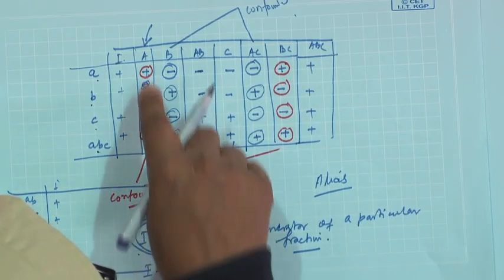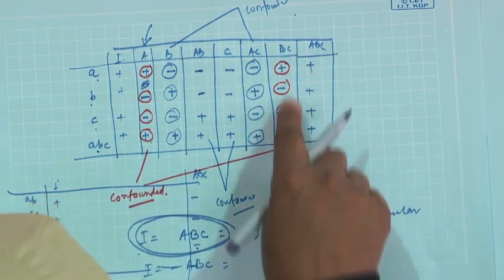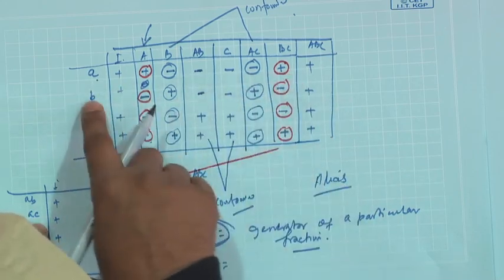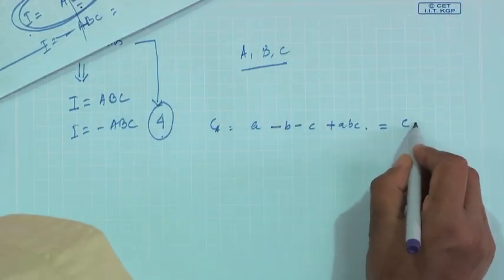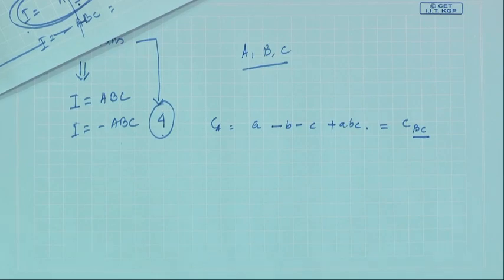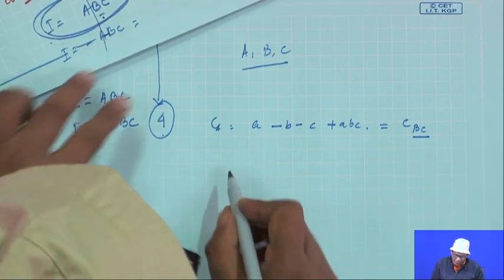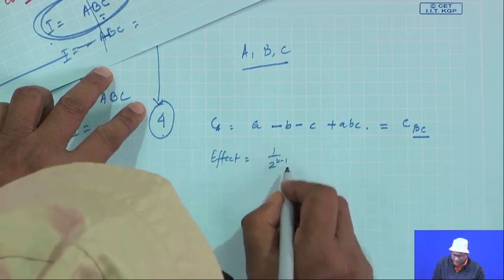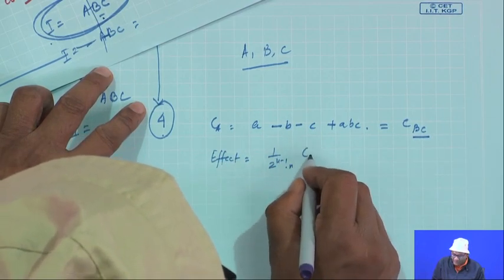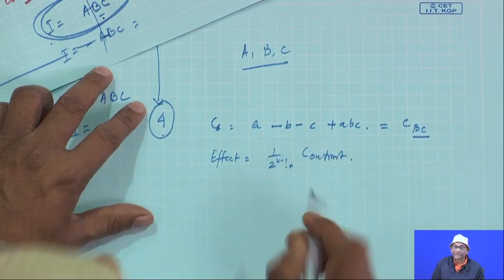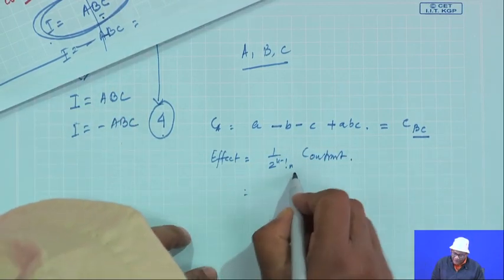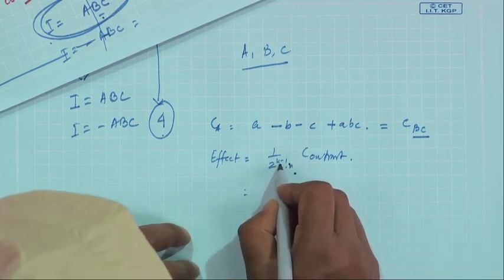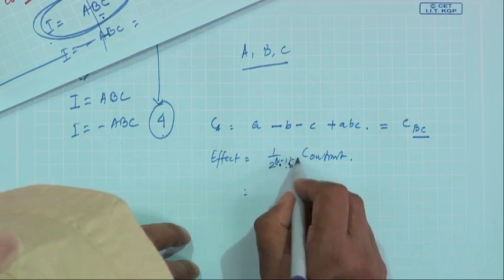I told you that A is confounded with BC. If you see the contrast for BC, it is the same, and this is basically equal to the contrast for BC. So, we know the effect is 1 by 2 to the power k minus 1 into n times the contrast, as you know earlier. Here n equal to 1, and it is a k minus 1 design, so again minus 1.